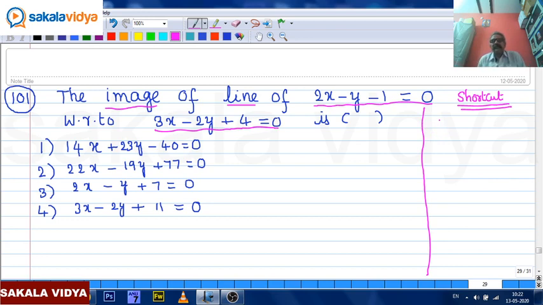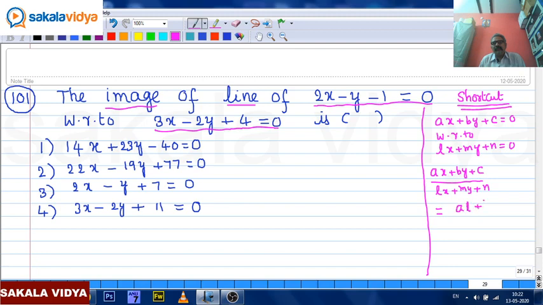For example, the image of ax plus by plus c is equal to 0 with respect to lx plus my plus n is equal to 0 is also a line. How to remember: ax plus by plus c upon lx plus my plus n equals a into l, al, b into m, bm, multiplied by 2 divided by l square plus m square.